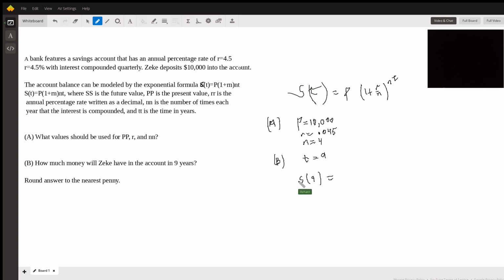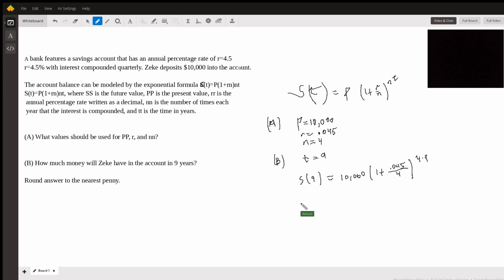But we'll go with the way the problem is written here. So this is going to be 10,000 times 1 plus 0.045 over 4 raised to the N. N is 4 and t is 9.